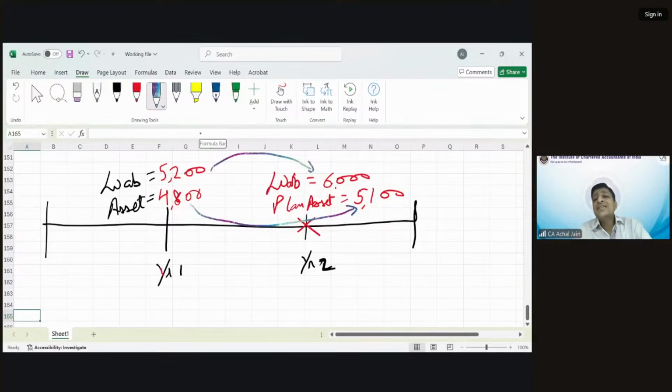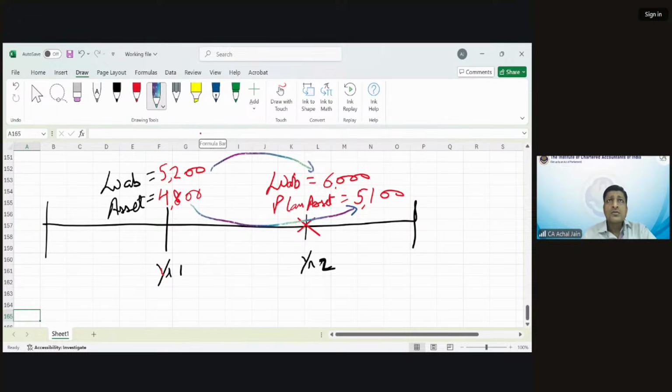So the point that we discussed earlier: suppose this change in the liability is arising because there's a change in actuarial assumptions. The liability has increased from 5,200 to 6,000 because actuarial assumptions have changed.